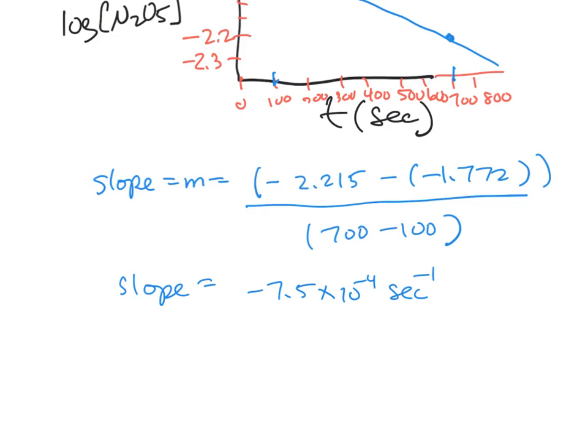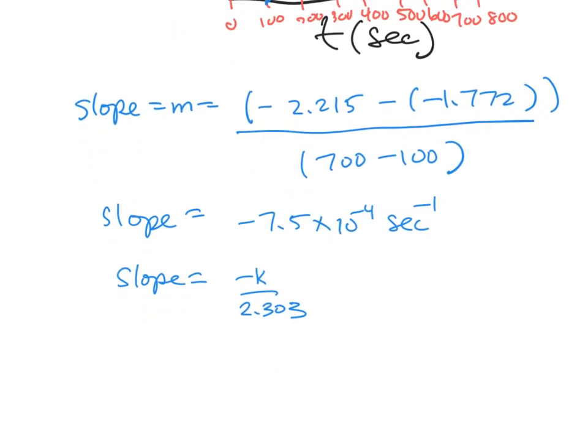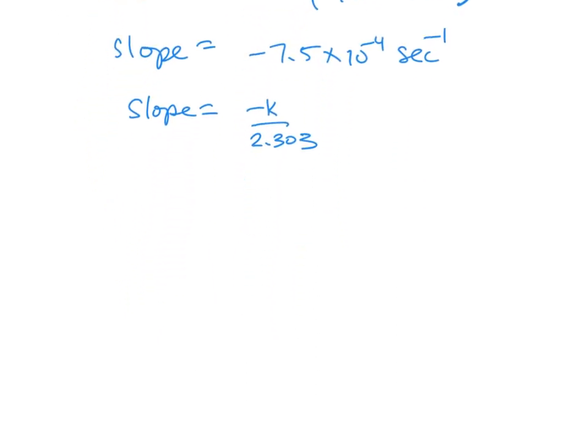All right, and then remember that the slope is defined as negative k divided by 2.303, and that's because we've got a base 10 logarithm plot versus time. And so then you can solve for k. K will be equal to negative 2.303 times the slope.